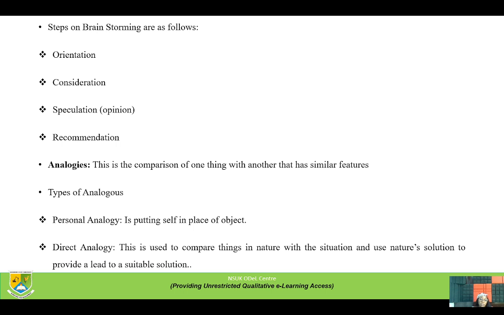Direct analogy is used to compare things in nature with the situation and use nature's solution to provide a lead to a suitable solution.